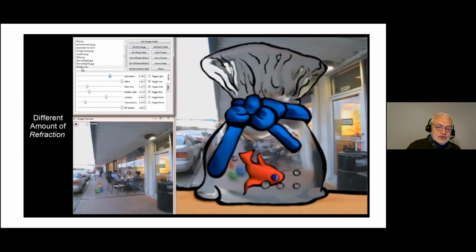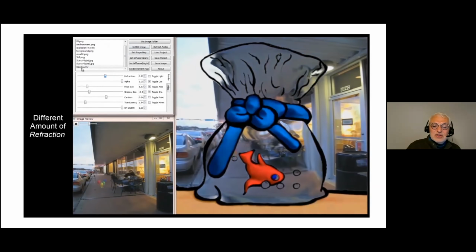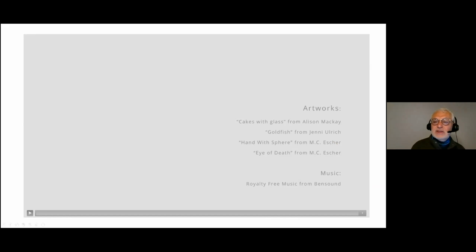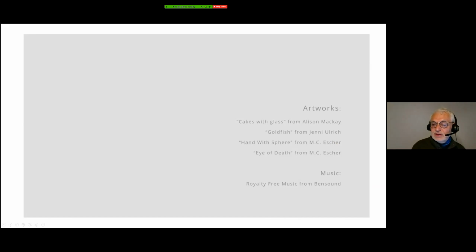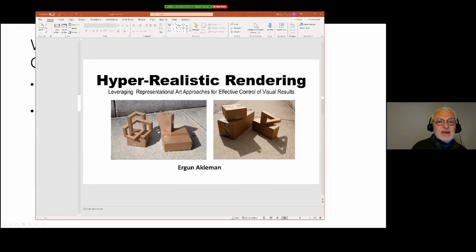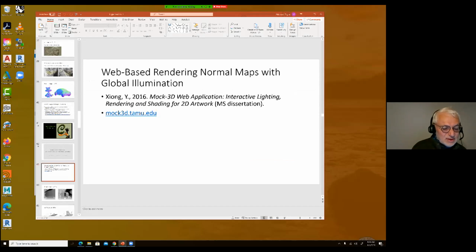We can change the translucency or transparency. These are all real time because it's very, very simple mathematically. All of these are on the internet, like what I will show you right now. Okay, we just go to the.